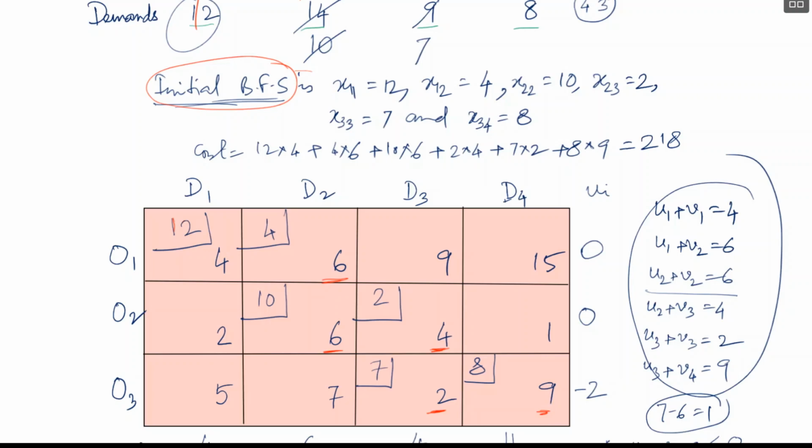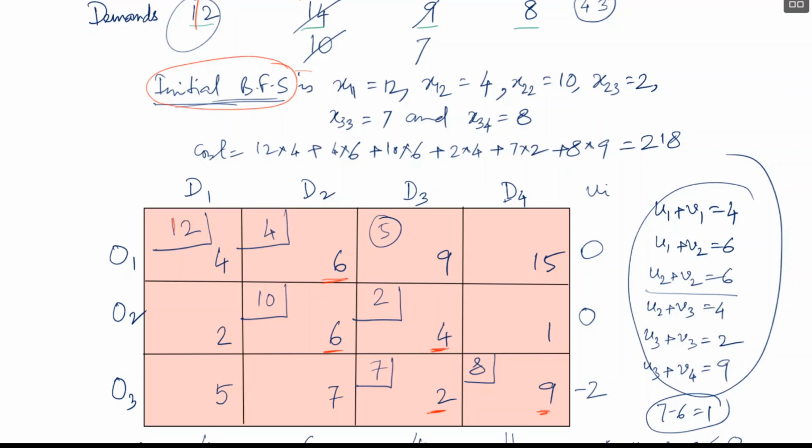Let's see. So for the 1 3 cell, Ui plus Vj is 4 and 9 minus 4 is 5. We write 5 here and put them in circle. Have I done any mistake?